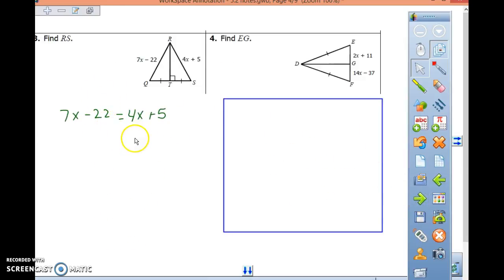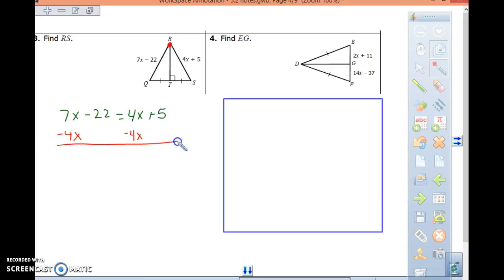Question 3. We're on a segment and we're at the perpendicular bisector. So then point R is equidistant to Q and it is equidistant to S. Solving the algebra equation, minus 4x, and we get 3. I want to get my numbers together, so I'm going to add 22, and I get 27.